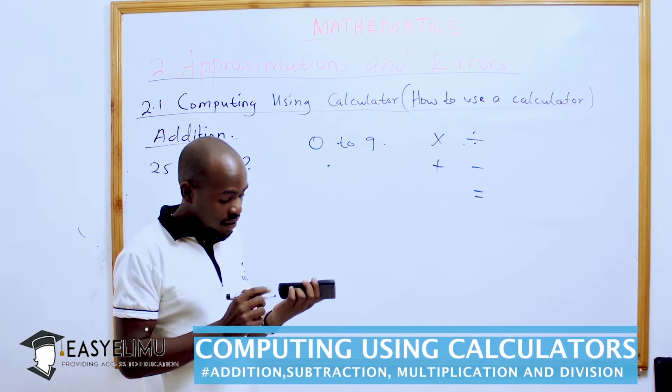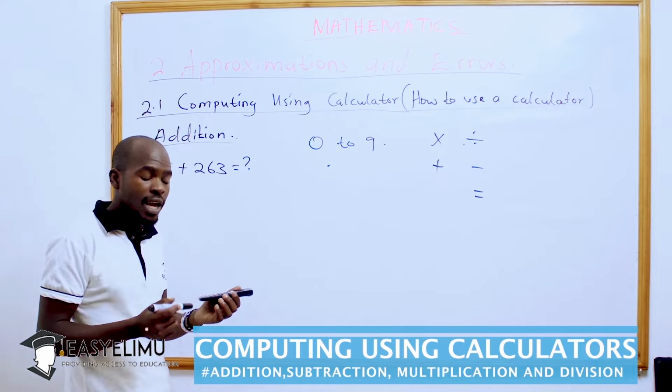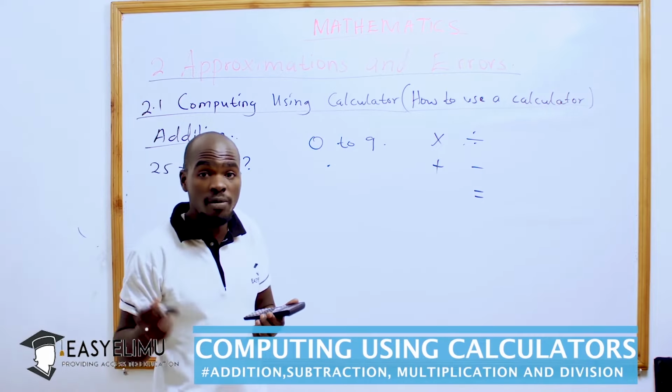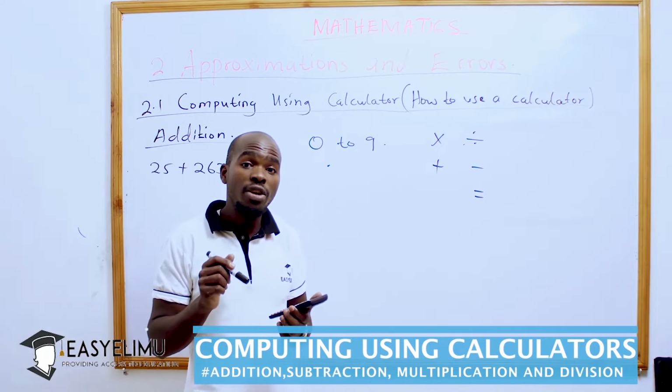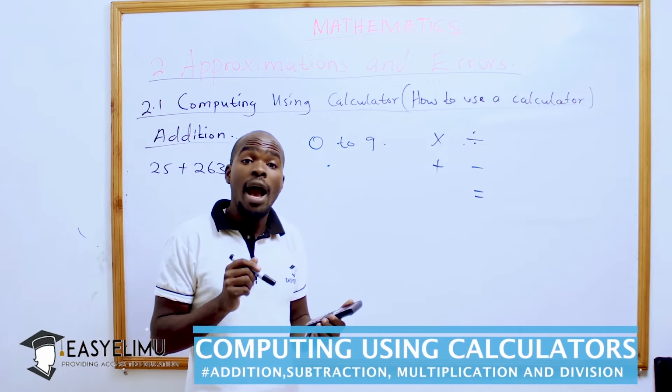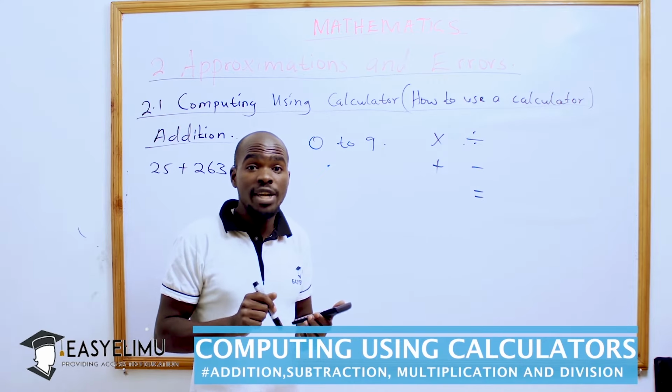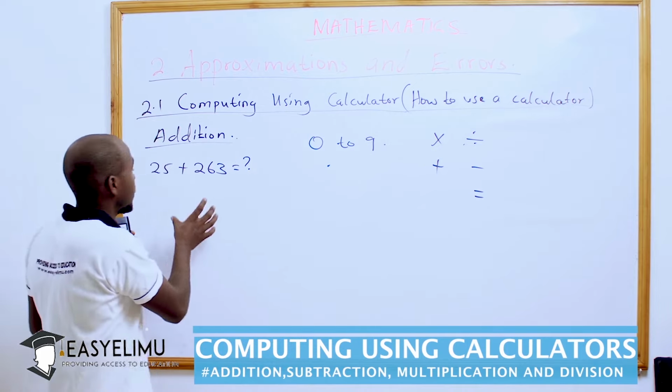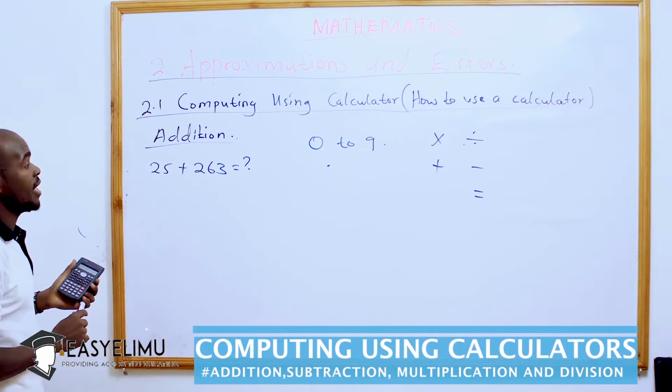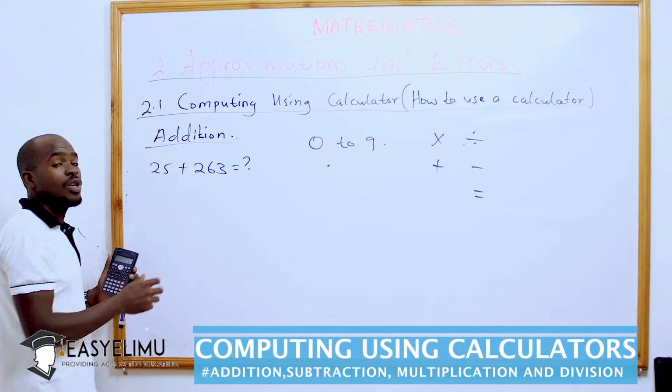From there we can start. The DEL key is for deleting. If you have put in a wrong number and you want to delete, you use the DEL key.